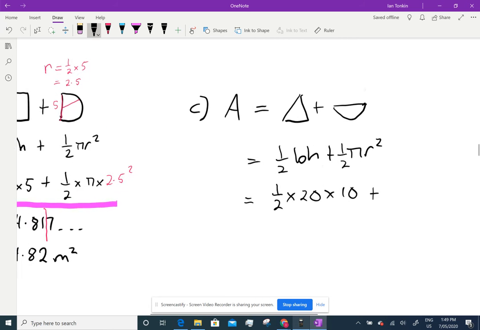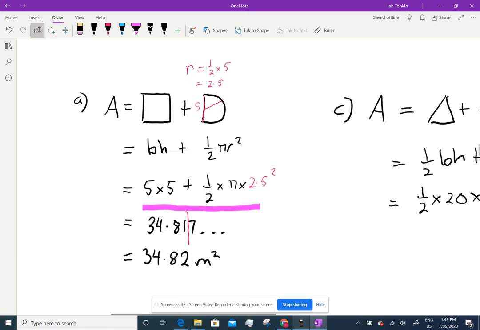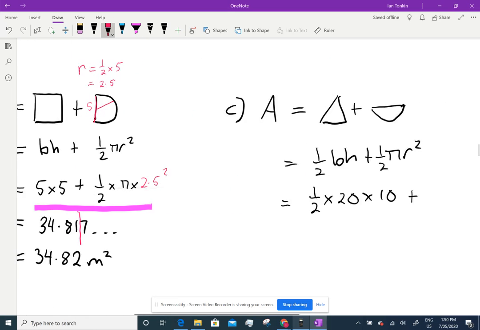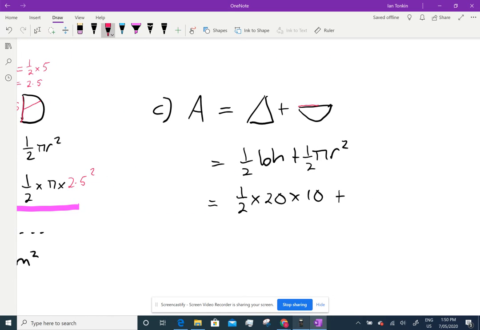Now again, if I look over here, the diameter of the semicircle is 20. So this distance is 20, but I need the radius. And the radius is a half times 20, which equals 10. So I have a half times pi times 10 squared.